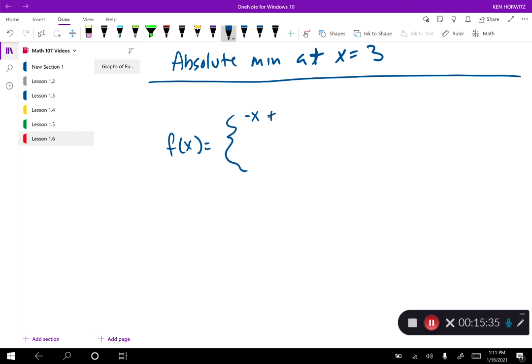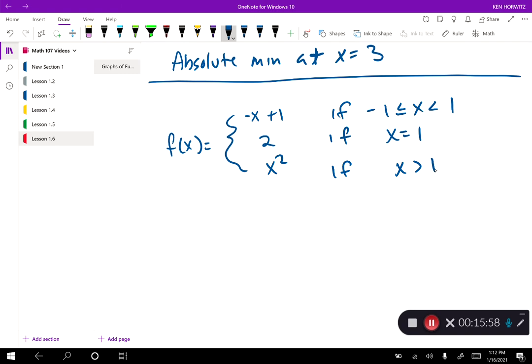Negative x plus 1 if negative 1 is less than or equal to x less than 1; 2 if x equals 1; and x squared if x is greater than 1.